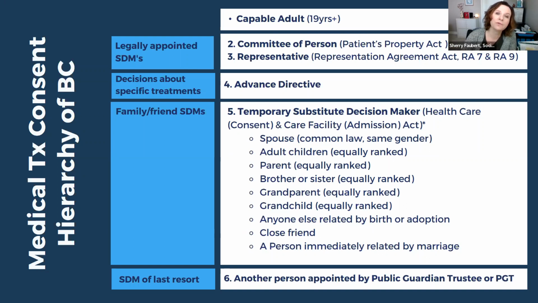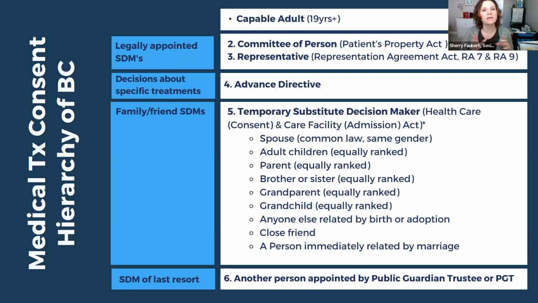Because if somebody needs to get a power of attorney, as Laura mentioned earlier, which of course in BC only extends to the legal and financial authority, somebody needs to be capable. You need to be able to understand the power and the authority that you're giving to someone else to manage your legal and financial affairs.